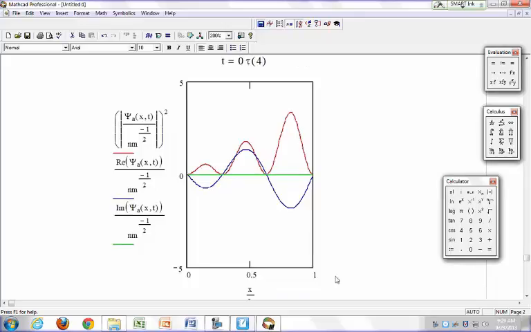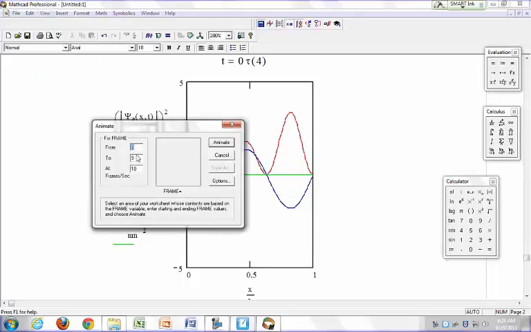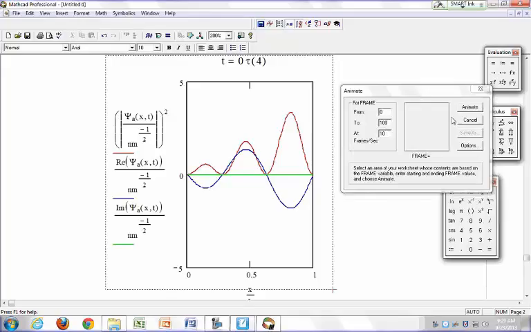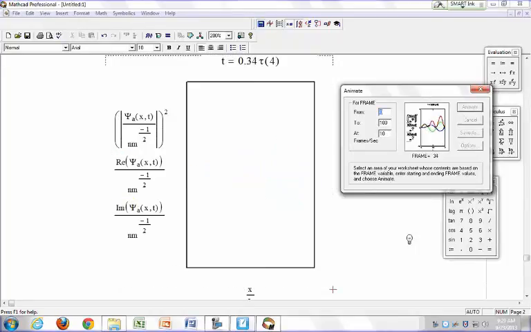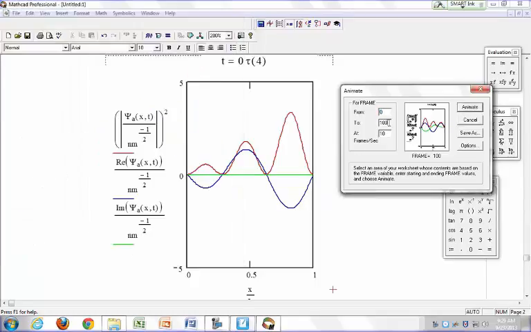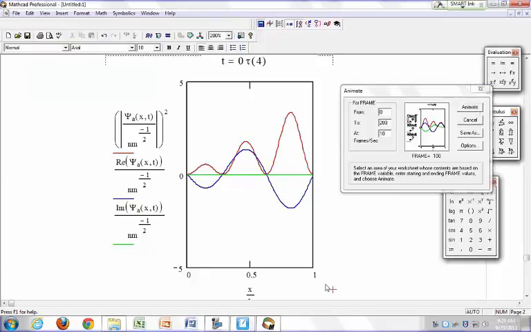So now let's do an animation. View, animate. I'm going to do 100 frames. And let's see what happens. Let's make that 200 frames, just so we have a little bit more.